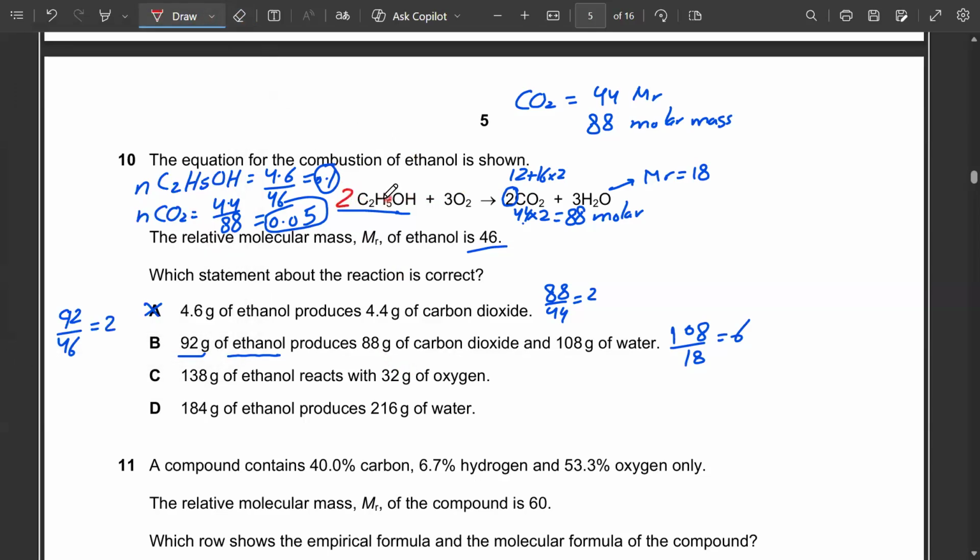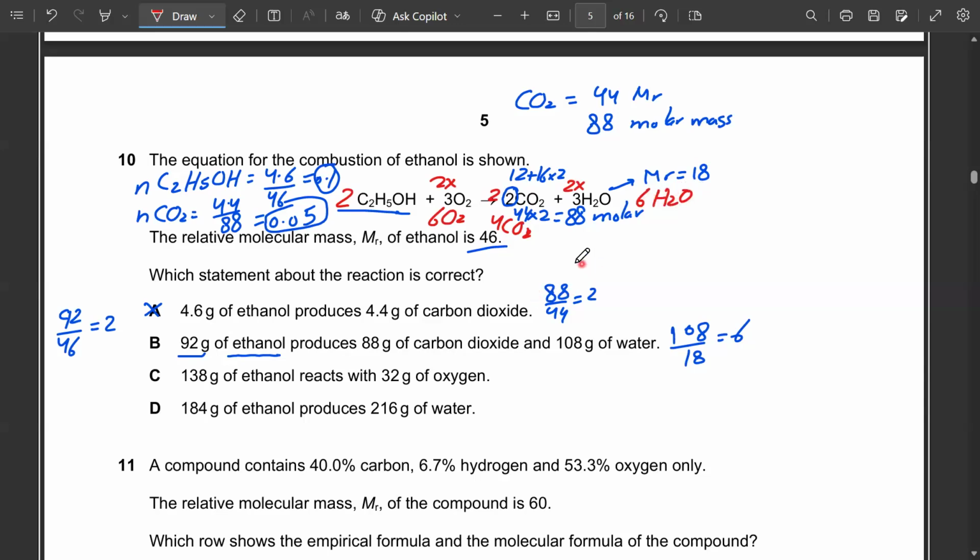So 2 should be multiplied with ethanol, 2 should also be multiplied with oxygen. That would give you 6 moles of O2. And 2 multiplied with CO2 would give you 4 moles of CO2. And 2 times 3 will give you 6 moles of the water.